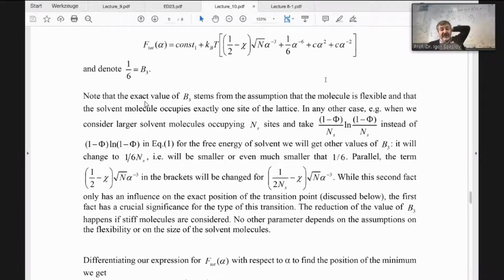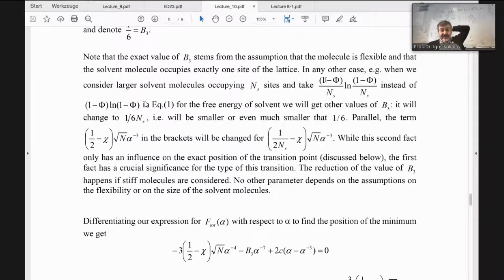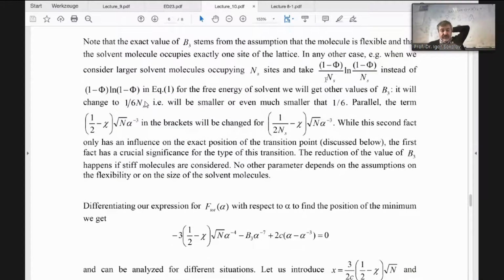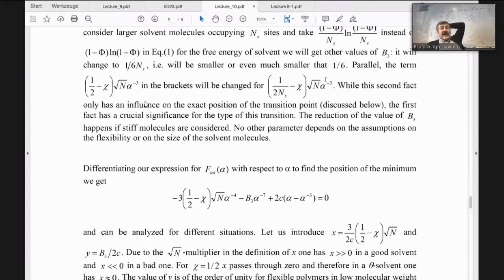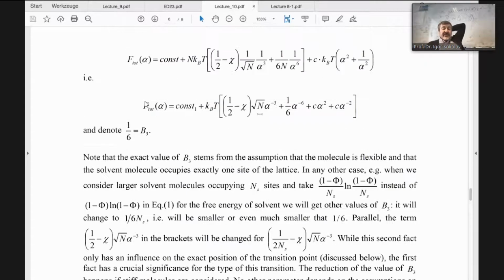Now, let me try to analyze this equation. I want to minimize the free energy because the conformation my chain will attain under different conditions corresponds to the minimum of the free energy of the chain.